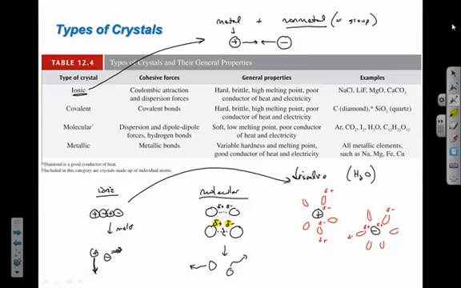The partial negative will line up around the positive ion. And we can form anywhere between 4 and 6 partial charge to full charge attractions, or ion-dipole attractions, to make up for the fact that we broke this one ionic bond between the full charges. But now that it's dissolved and the ions are independent, we've got new partial charge attractions to help stabilize them and keep them apart. Now they can flow away from one another, so now I can actually conduct electricity.